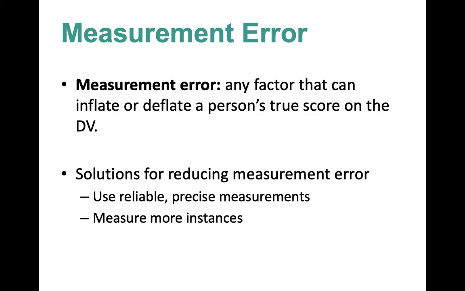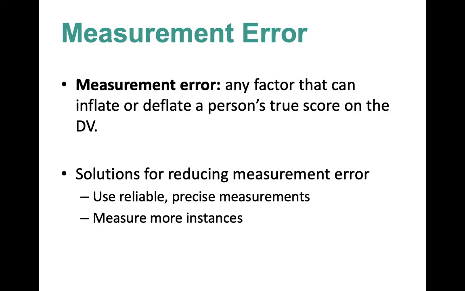So, for instance, some psychological tests that are projective tests, like the Rorschach, the ink blot test, people's responses to what do you see in this image need to be coded. And so, if you've got different raters that are using criteria differently, they're not quite using definitions properly, they're not scoring things the way that they should be scored, those are measurement errors.